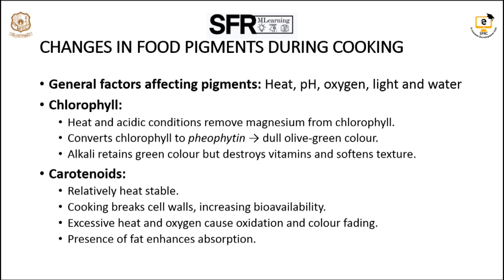Excessive heat and oxygen cause oxidation and color fading. As these are fat soluble and a powerful antioxidant, the oxidative damage from the environment causes the carotenoid substances to fade in color. The presence of fat enhances its absorption. For absorption in the human intestine, fat is essential for carotenoids.